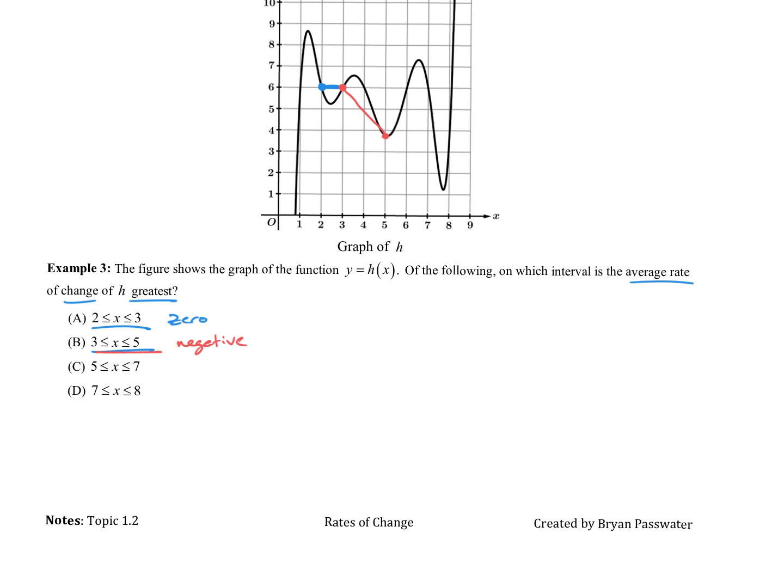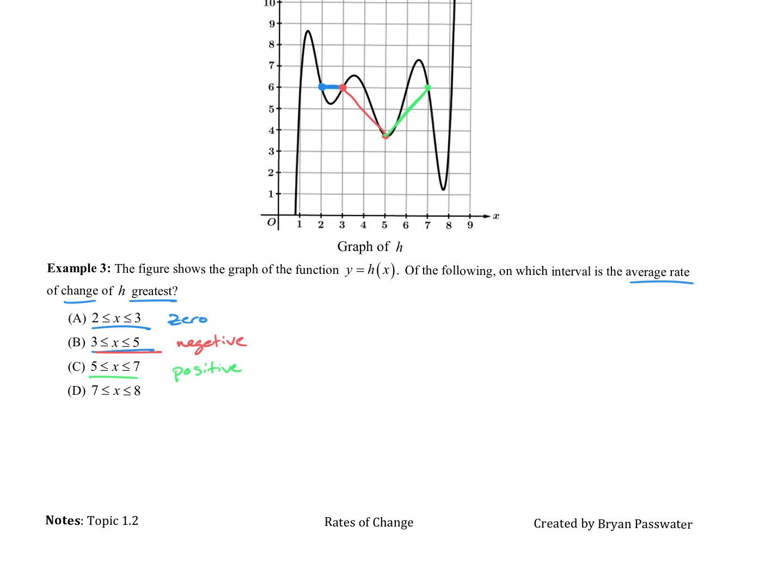So now let's go 5 to 7. And so 5 we decided was right there, and now let's go to 7. Well, where do we think 7 is? It's all the way up at 6. And so when we connect those two, is that a positive or a negative slope? That's a positive slope. That's a positive rate of change.